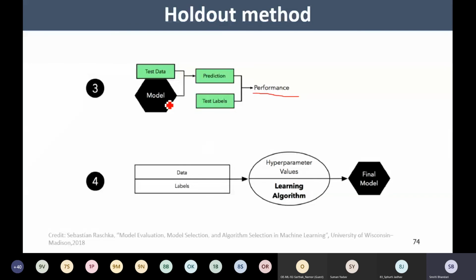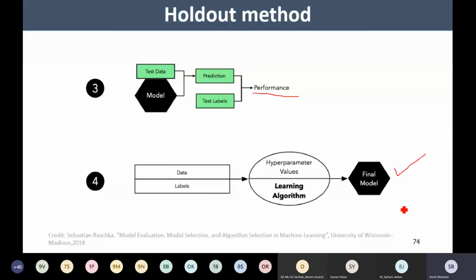Once we have finalized the model and are getting satisfactory performance, then in the next step, whatever is our original data, the whole, entire data, we make use of it to prepare the final model.